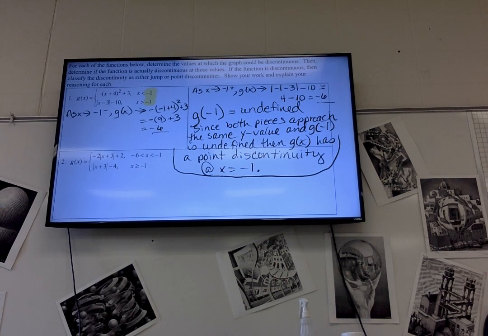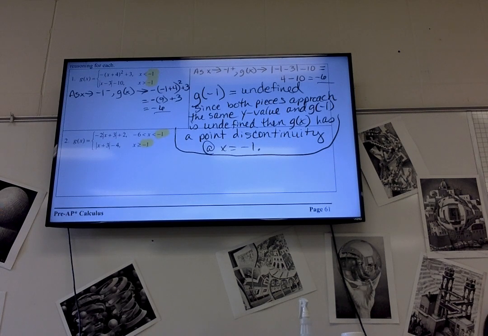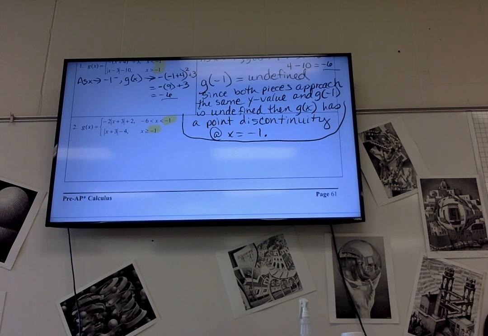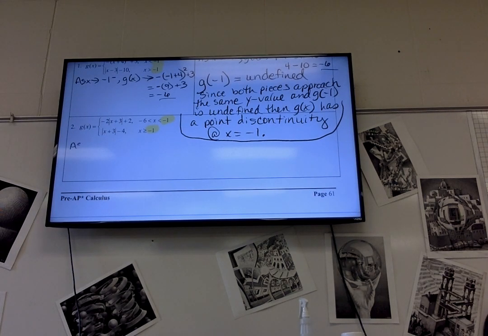Okay, so for the next one, we're looking for discontinuities. At what value could we have a discontinuity at? Yes, -1, because that's where the two both have the same x value. So we say as x approaches -1 from the left, g of x approaches the top equation.